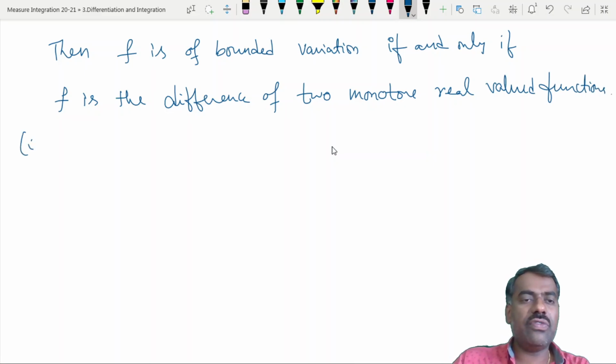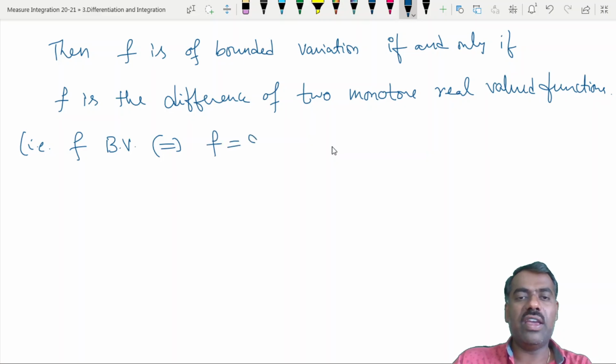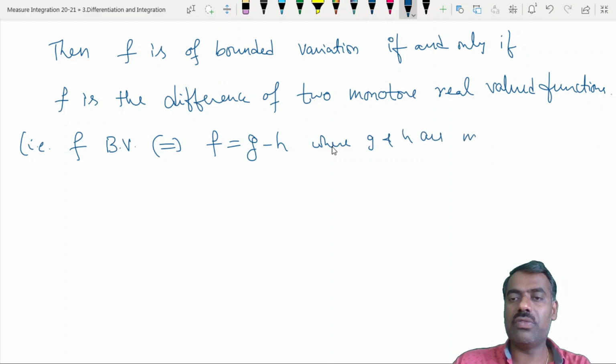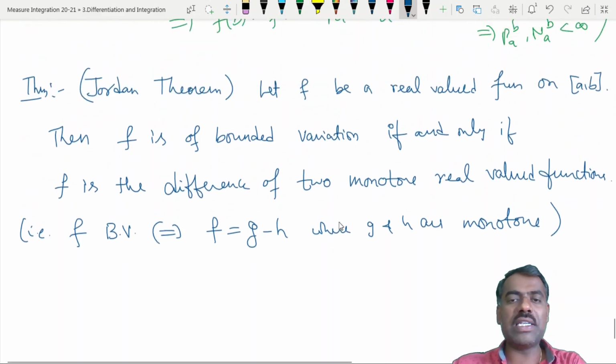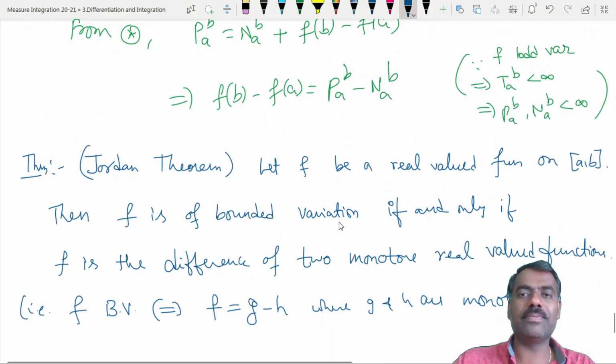That is, if you write in short, f is of BV, I'll write simply BV for bounded variation, if and only if f is equal to, say, g minus h, where g and h are monotone functions. Is the statement clear, what we want to prove?